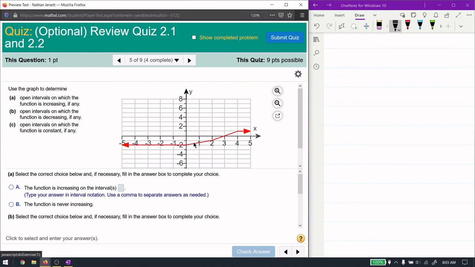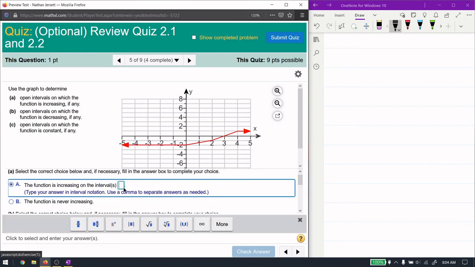We're always concerned about what portions of the domain, or what portions of the x-axis, give us the increasing behavior. That's because the x values are the inputs, or the independent variables. The function is based on the domain of the function, not on the range. So we're looking for what are the parts of the domain.